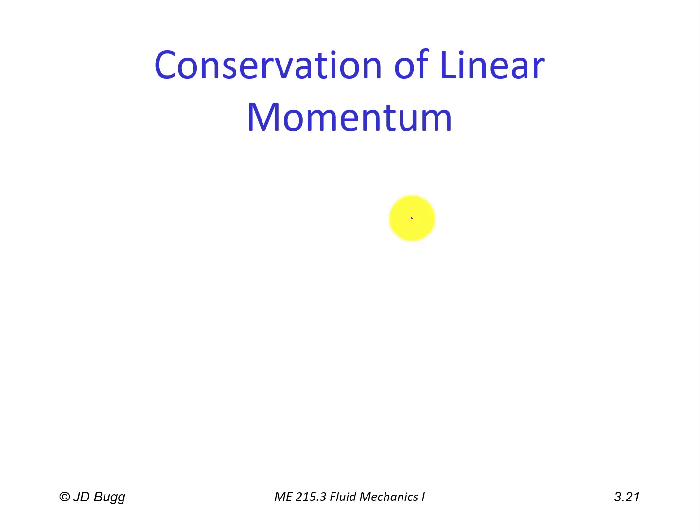So the very first thing we do is say we're looking at conservation of linear momentum, so we let B equal linear momentum. And remember, linear momentum is mass times velocity. Now here we see the first big difference between conservation of linear momentum and conservation of mass. Momentum is a vector quantity.